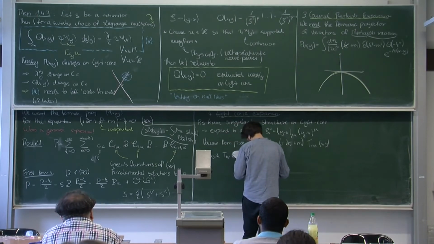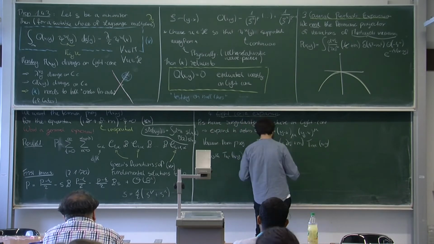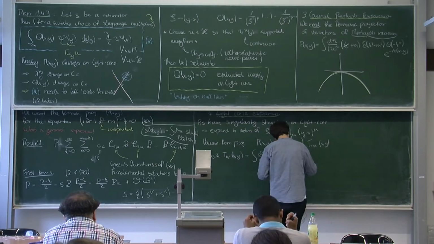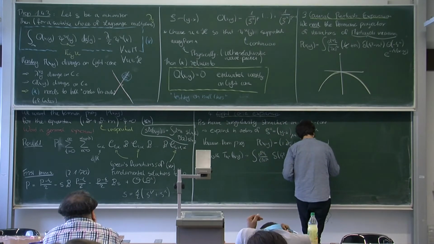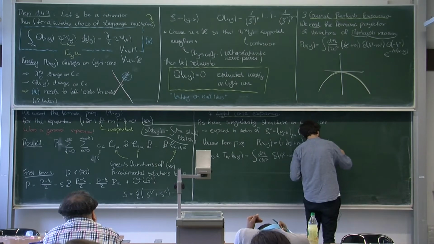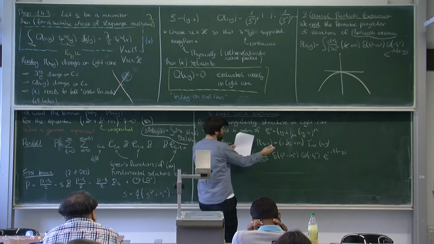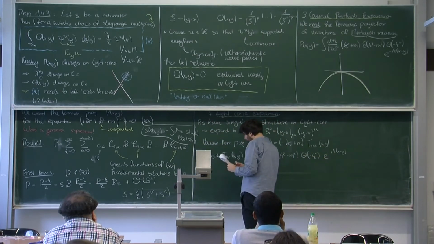And then we have just the part except for this k-slash plus m. So we have delta of k squared minus m squared, and then we have this Heaviside step function of k0, and then e to the minus i k (x minus y). Okay, so this is just a statement that you can write it like this, because this will just act on the exponential over here. And why is this important?